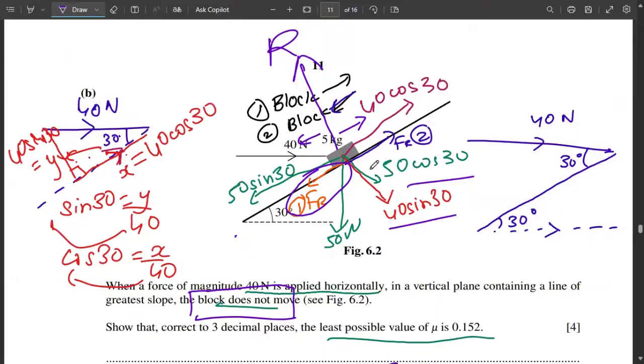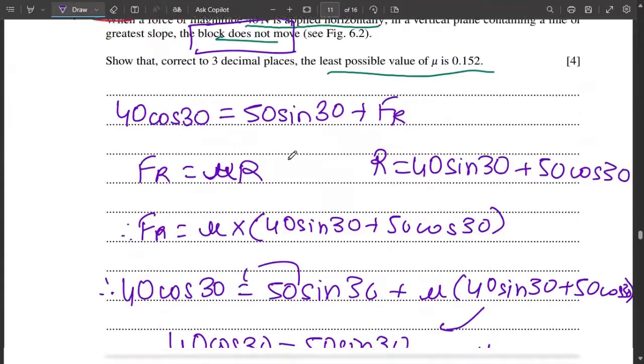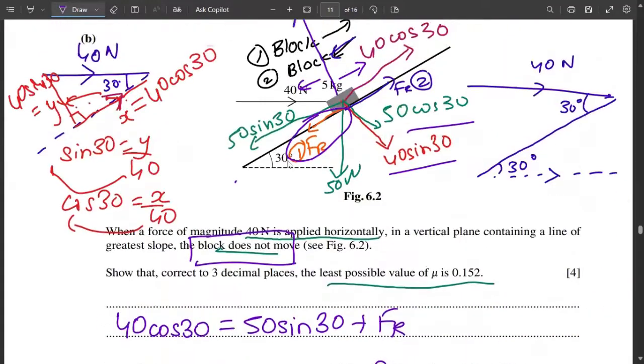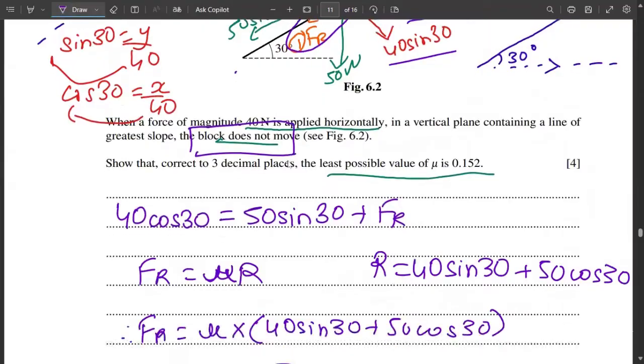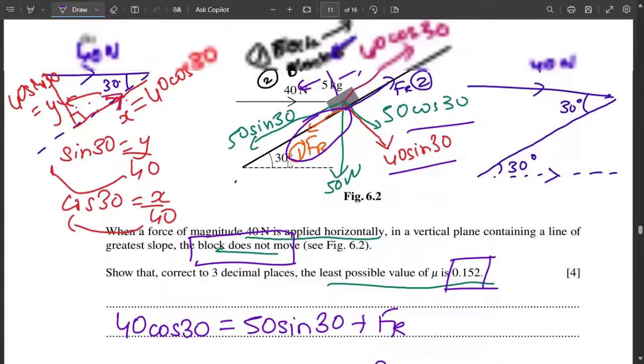Now, it was by fluke that I considered FR to be down. What if I had considered FR to be up? The answer would not have been 0.152. The answer would have been something else. So I will simply write the second possibility down.